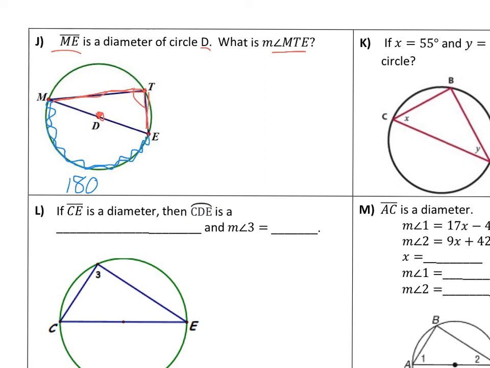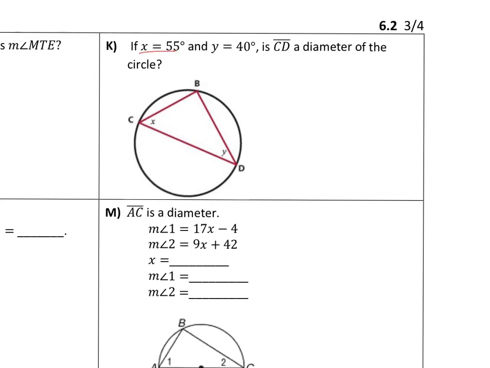Our angle MTE is an inscribed angle, so it's going to be half the measure of the intercepted arc, 90 degrees. And I also knew since it opened up to a diameter on my circle, that it had to be 90 degrees.